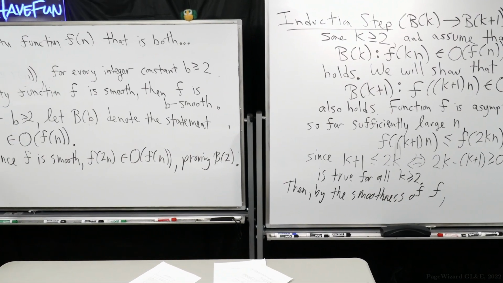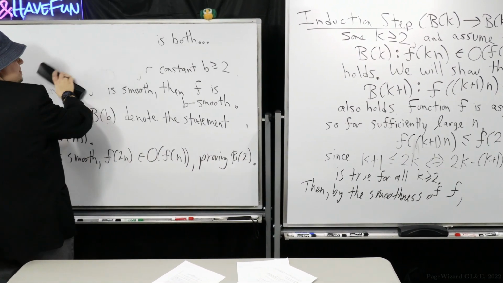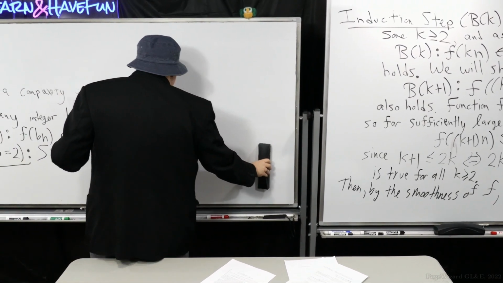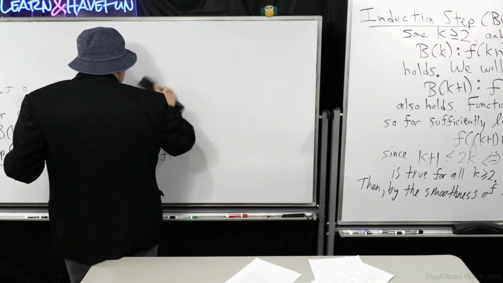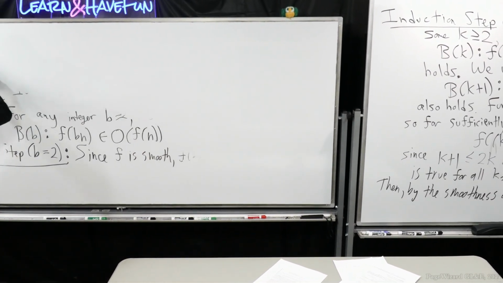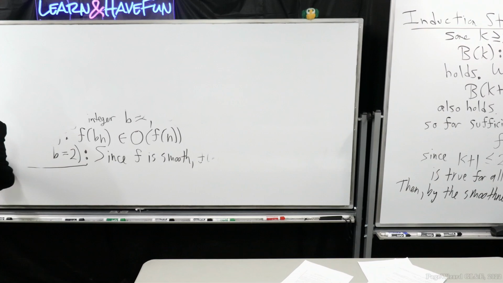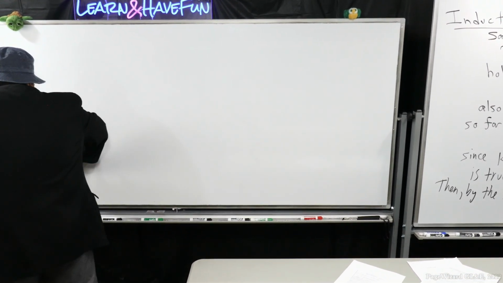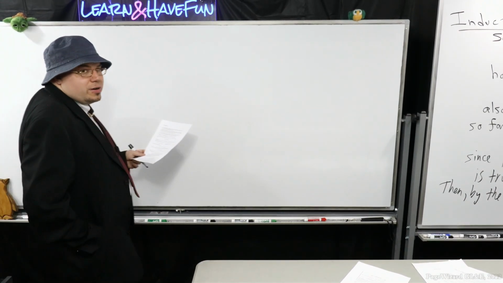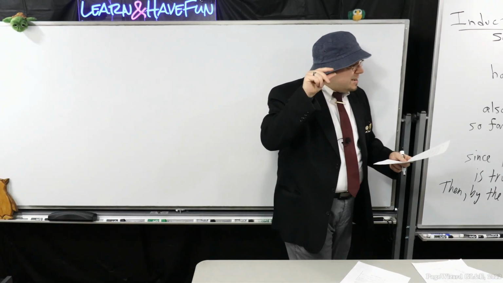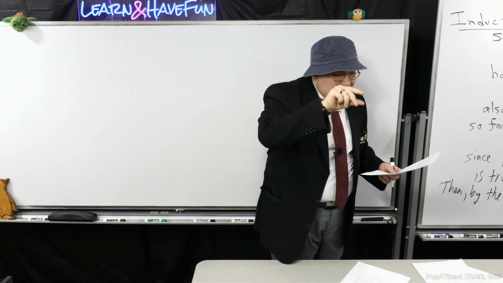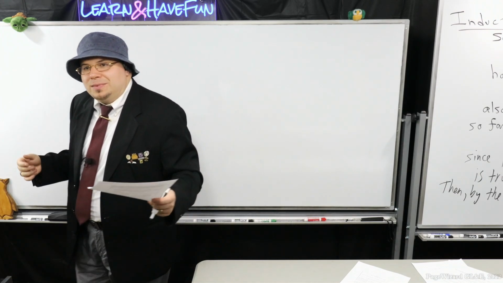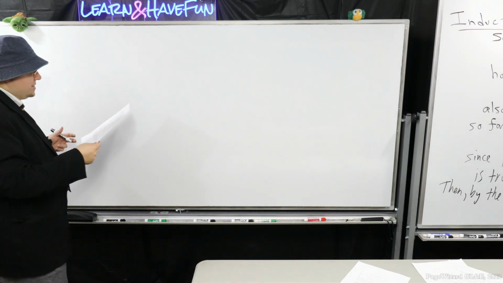It's due to the big O notation. And there's a reason why I wanted that 2 there. So watch this. Because remember, our definition of smooth had this 2 in there, right? So it was 2 times the input is big O of the function, which is the thing itself, right? So we're going to use that.